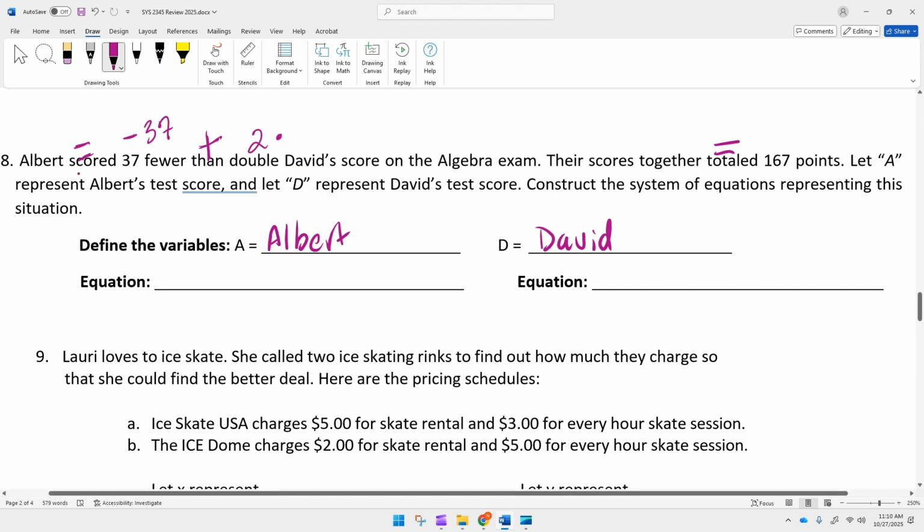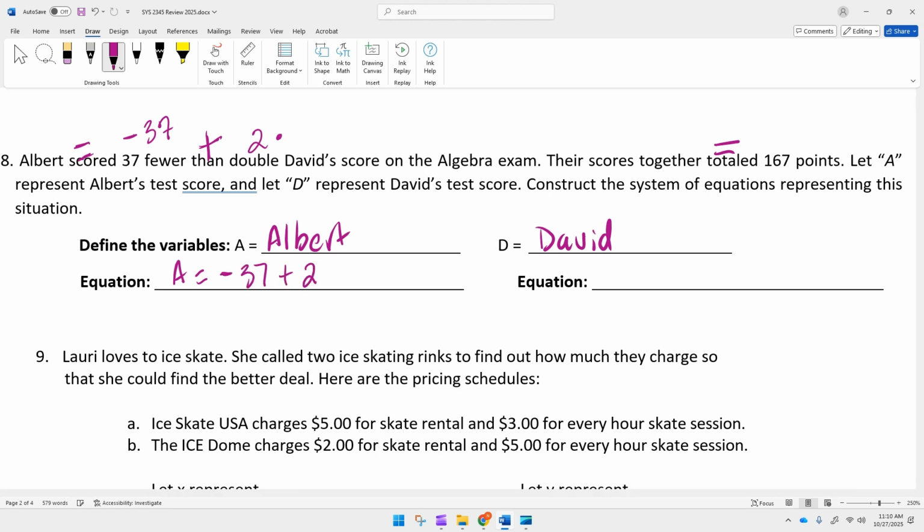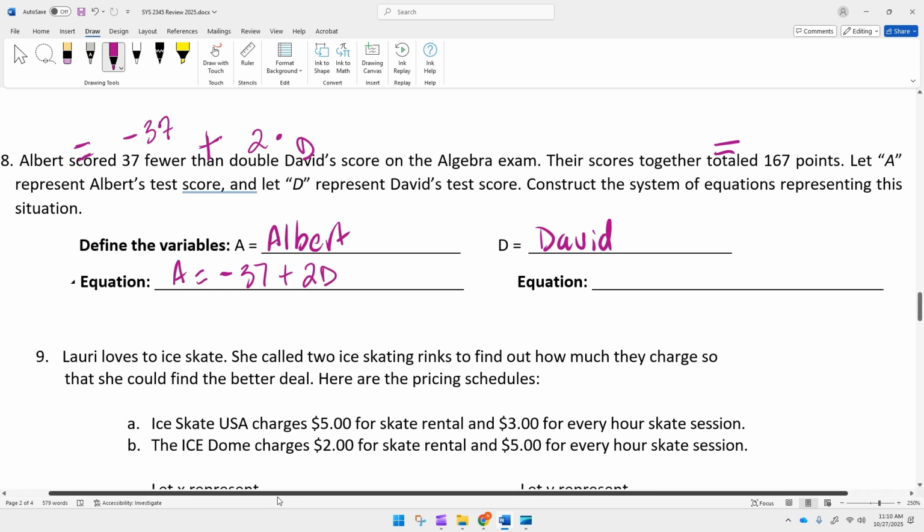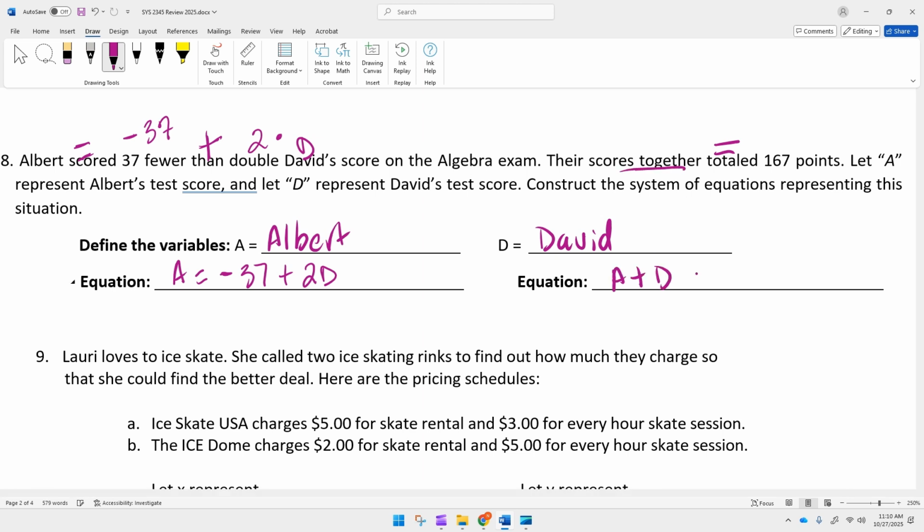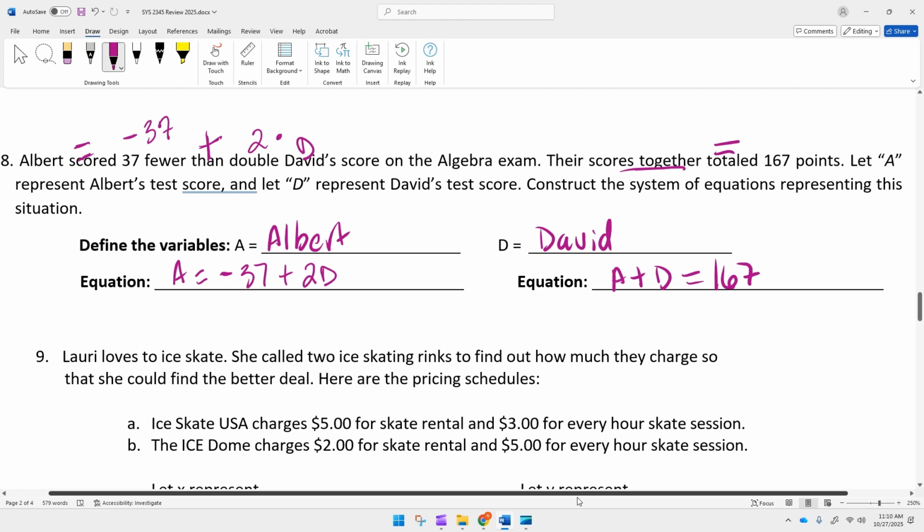So A, Albert, is equal to negative 37 plus 2 times David, 2D. Their scores together: A plus D equals 167 points. Any questions?